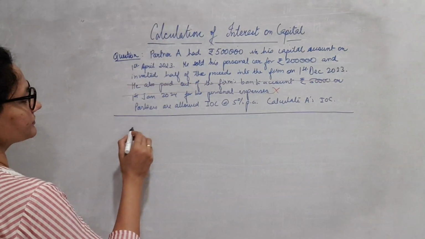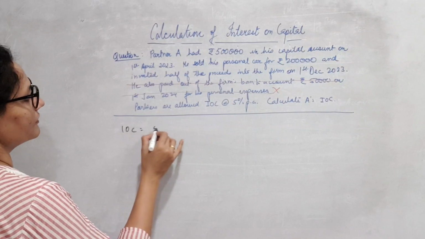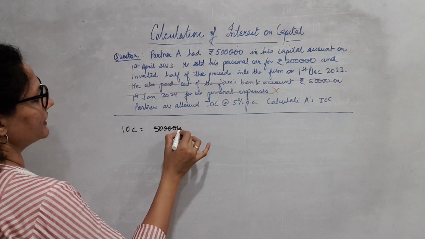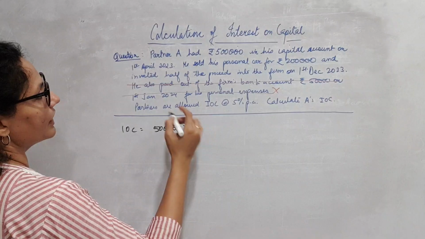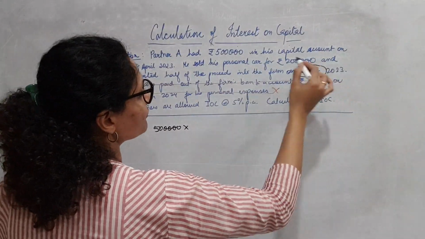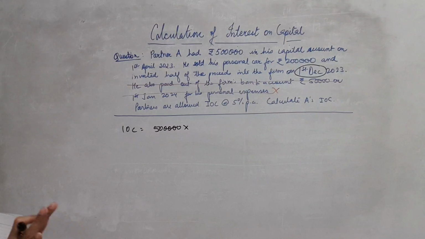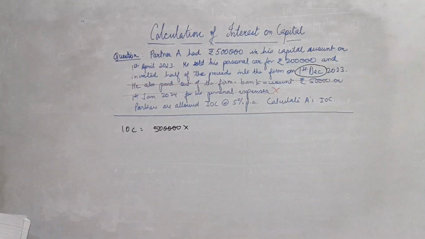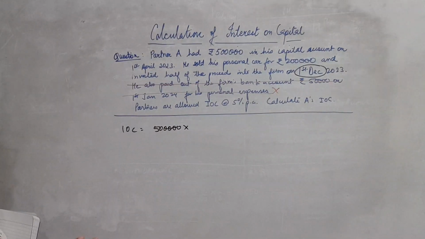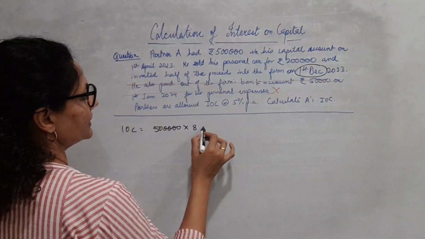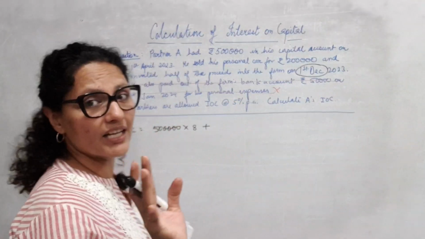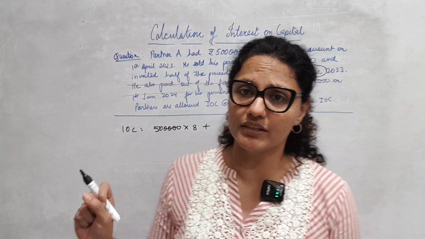First thing is 5 lakhs from the beginning. When did it change? On 1st of December. So I'll not count December. I'll count till November. So April till November is 8 months. Please calculate properly. Don't be shy. I see a lot of people jumping up with the number of months.